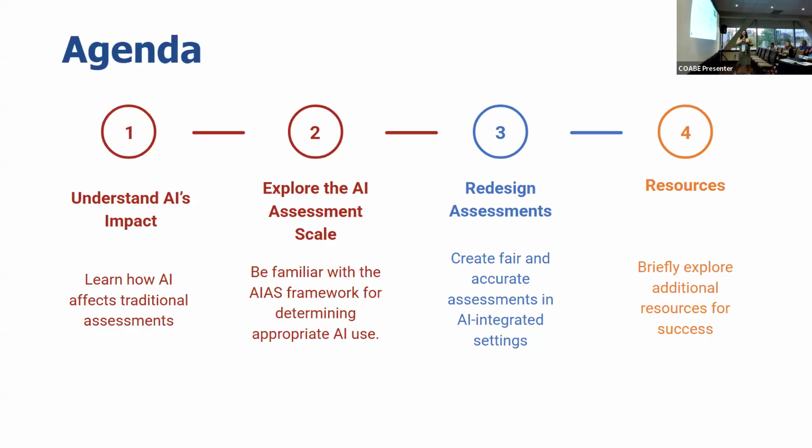This is a good framework to use if you want to integrate AI into your assessments or leave it out. And then towards the end of the session, I'm going to give you the chance to redesign and evaluate your current assessments, to help you create some fair and accurate assessments. And then at the end, I'll share some resources and we'll share out some takeaways.